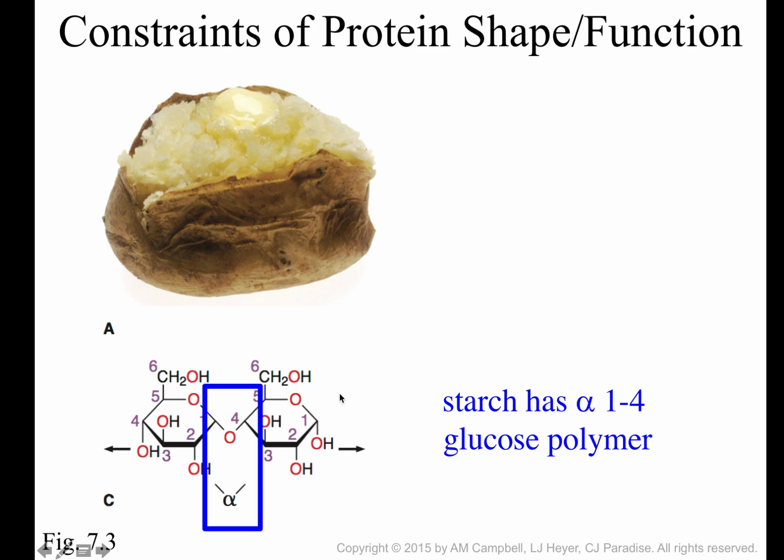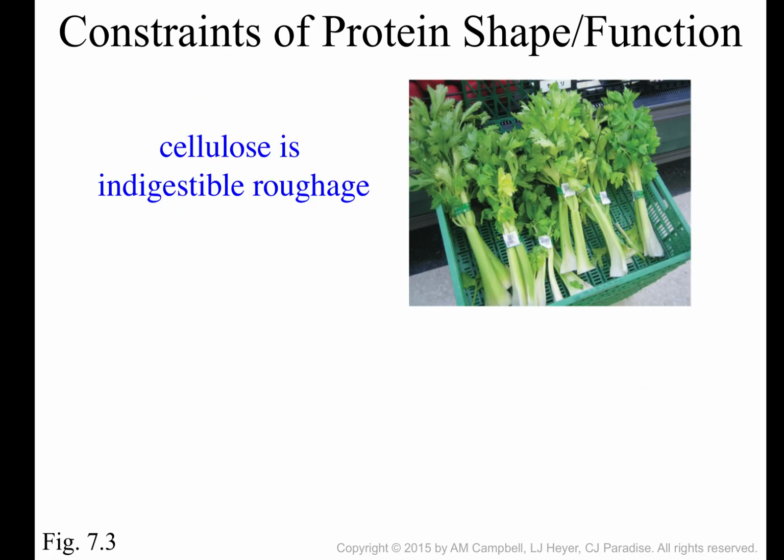It has a 1,4 glucose link between starch units. So carbon number 1 on one unit is hooked up to carbon number 4 on another unit, and so on, over and over again.